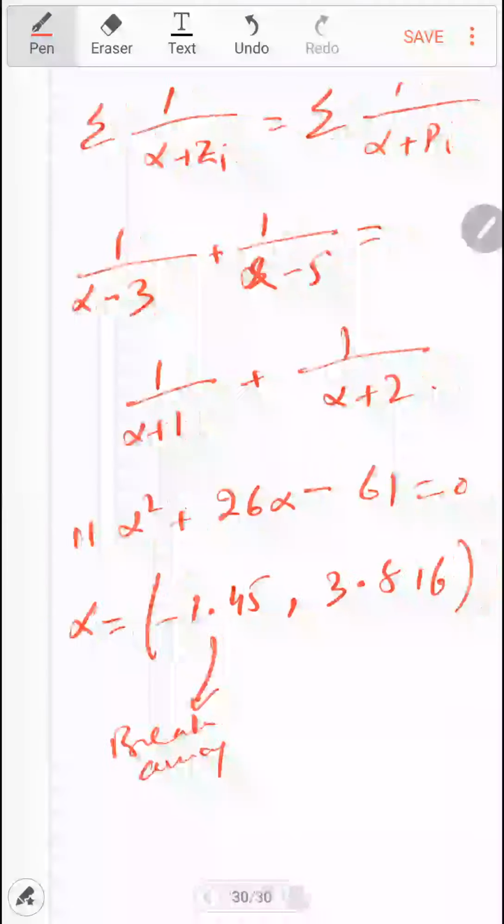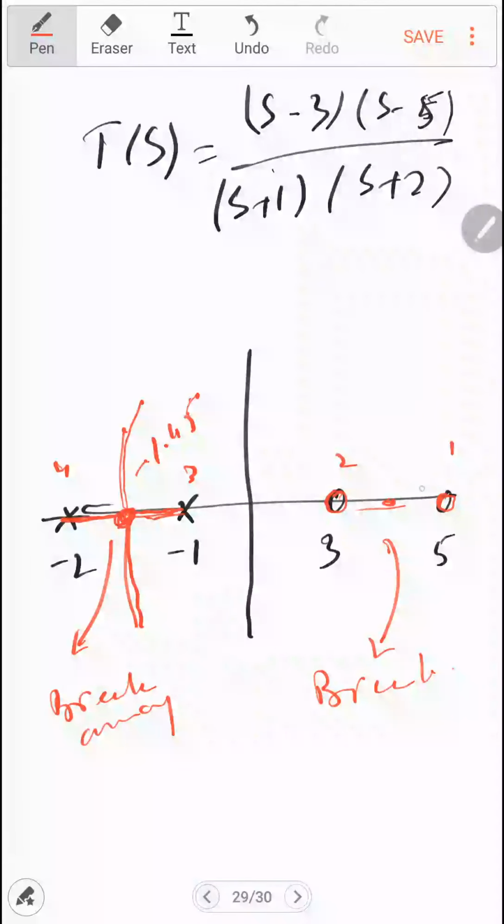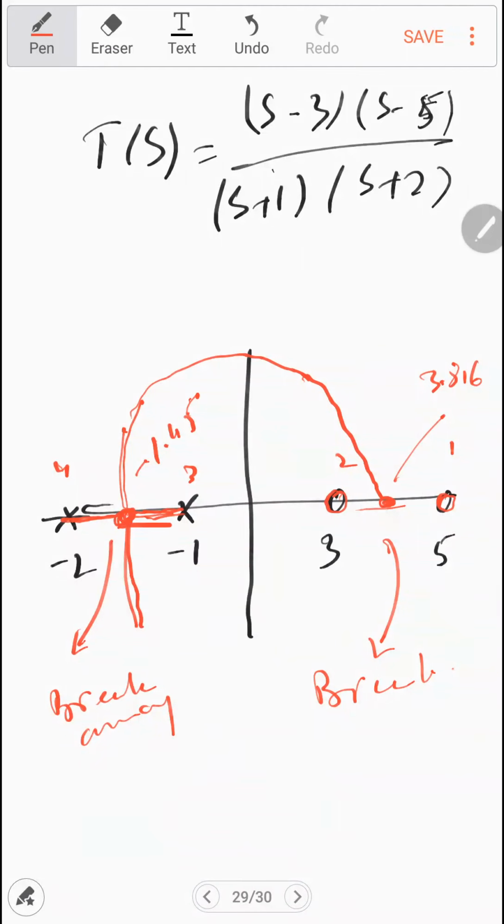And what is the break-in point? The break-in point is 3.816, which lies somewhere here. It goes into the complex plane and then comes back to the real axis.